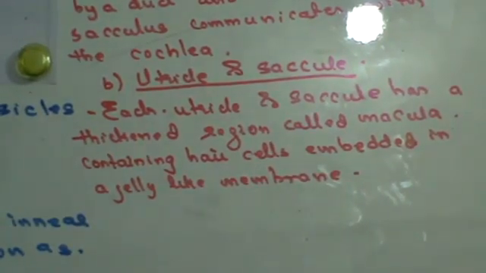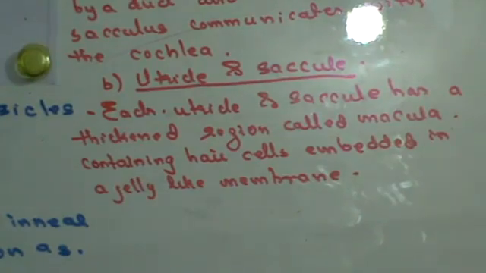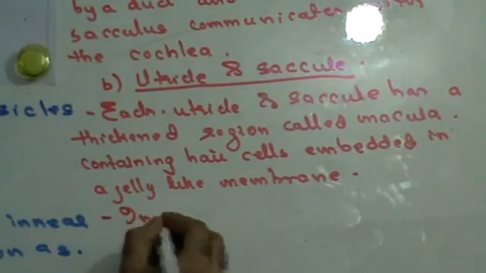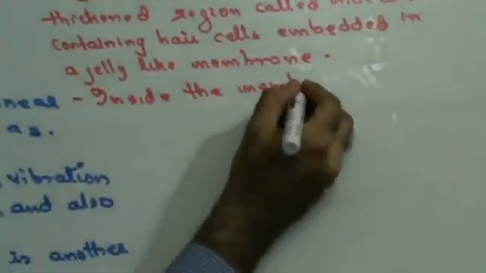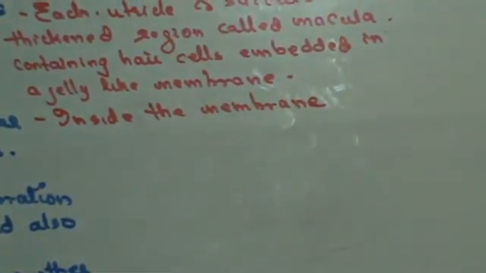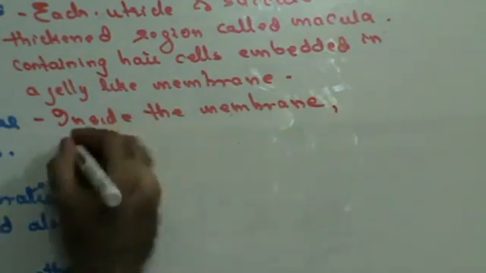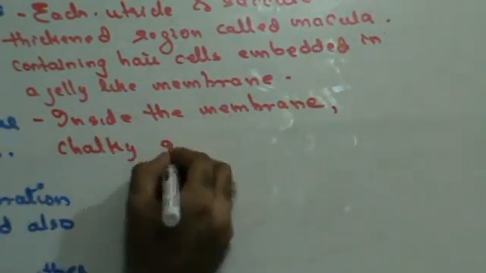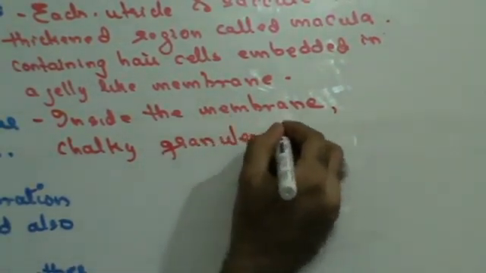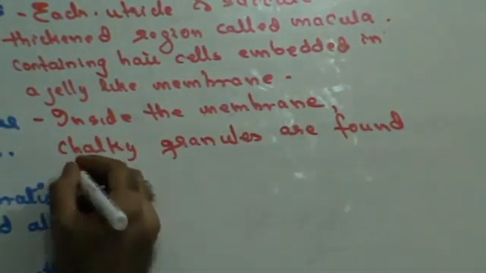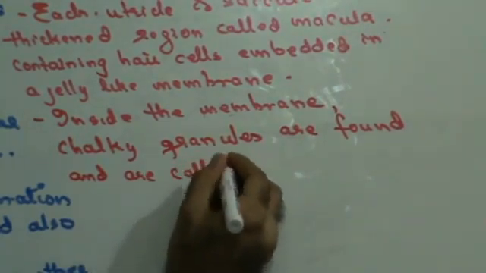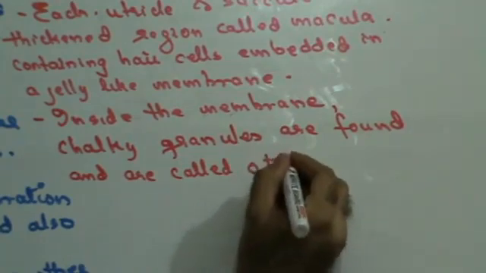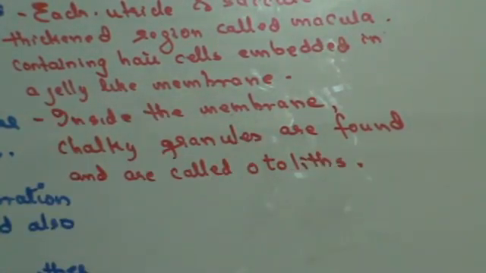Now inside the membrane, you have chalky granules, which are called otoliths. You have these chalky granules inside that would vibrate.